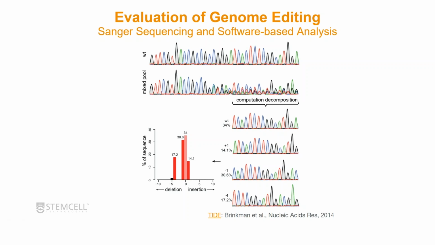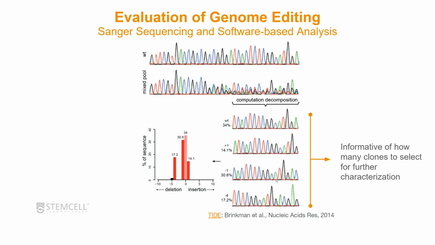A few years ago, this group published the TIDE program, which will take these mixed traces and deconvolve them. It gives you a relative proportion of the different alleles that are present within your population. And so this can be very informative of how many clones you might need to select for further characterization.